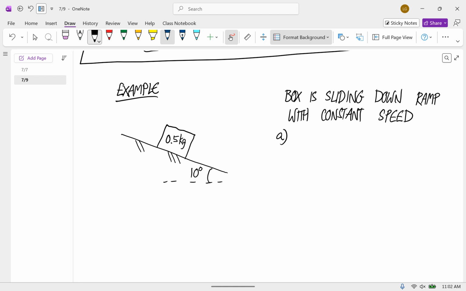So first, draw the free body diagram of the cart, of the box, I guess. And ask yourself, would anything be different if this was at rest on the incline?